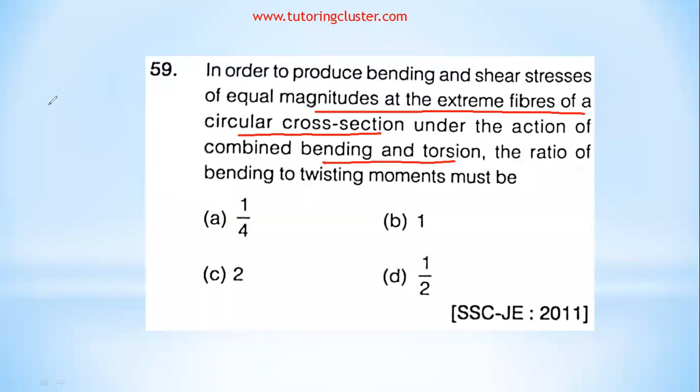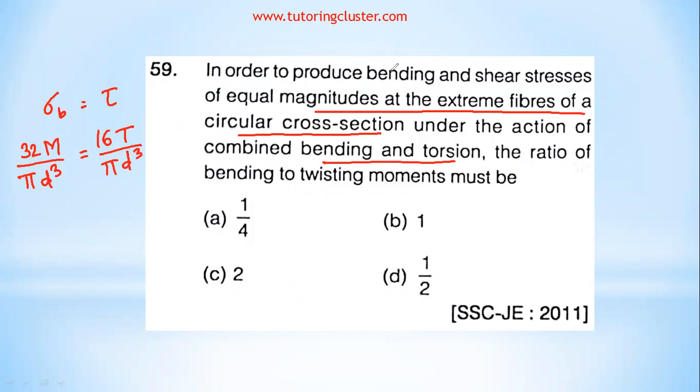So can I write sigma b is equal to tau? Bending stress we can calculate as 32 M by pi d cube, which is equal to, how the shear stress will be calculated? What is the magnitude? 16 T upon pi d cube.